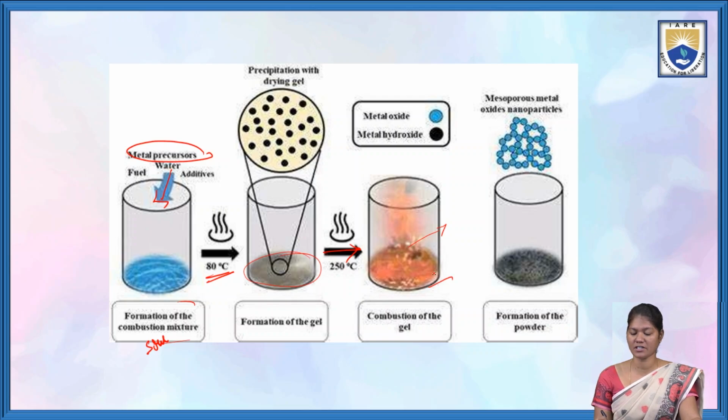After that combustion, let it cool, and then we can get a fine powder of nanoparticles. That is, after burning, the remaining product gives the nanoparticles.